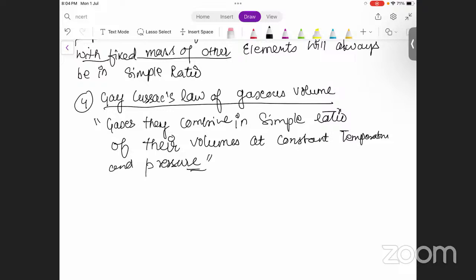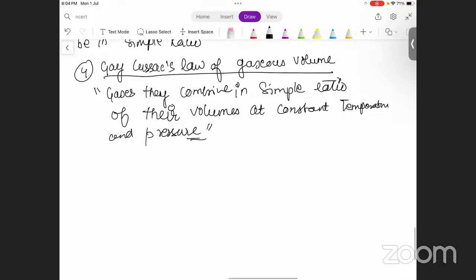What does that mean? Let's understand this by an example. Let's take the simple equation that we saw just now. Hydrogen is reacting with oxygen and it will give me water, right? Today we know hydrogen has two atoms which come together, but these things were not known at that time.